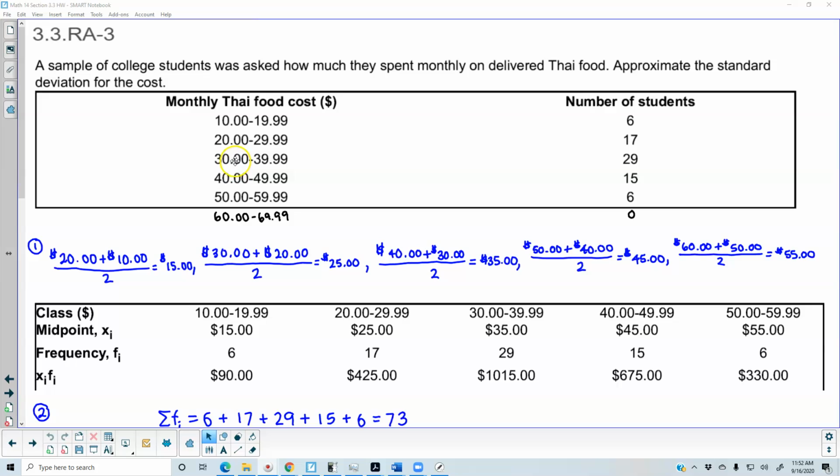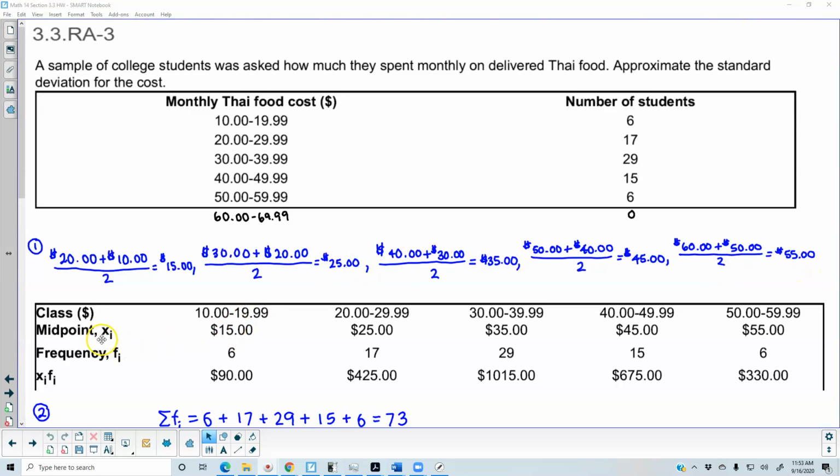The next lower class limit, we're going to take 30 and 40. So 40 plus 30, divide that by 2 gives us 35. And then we have 50 and 40, and divide that by 2 to give us 45. And then we want to go one more lower class limit after the last lower class. So we're going to go 50 to 60, add that and divide it by 2 to give us 55.